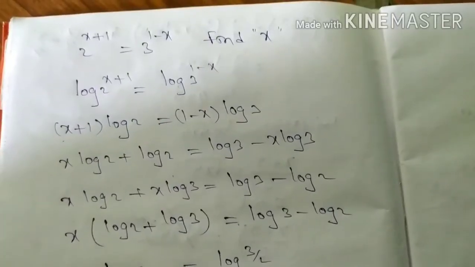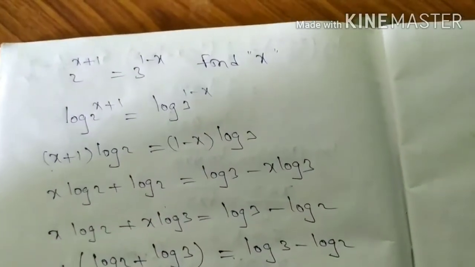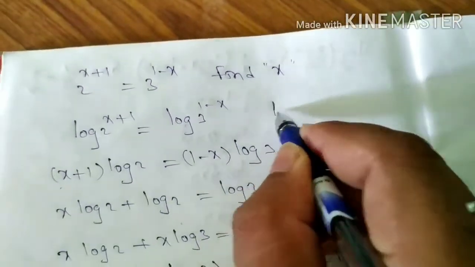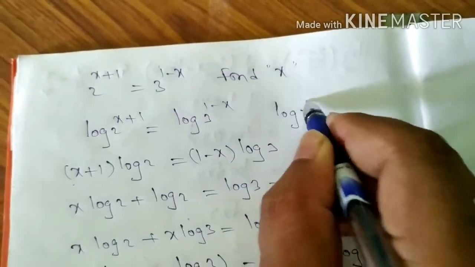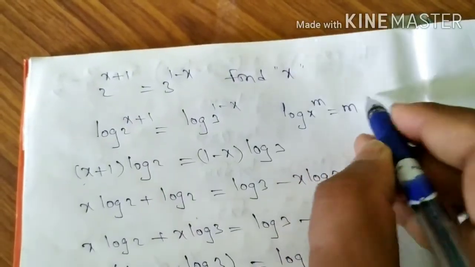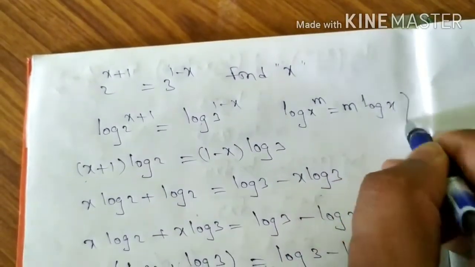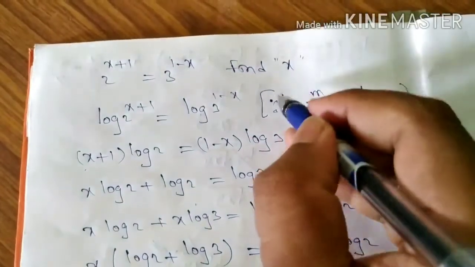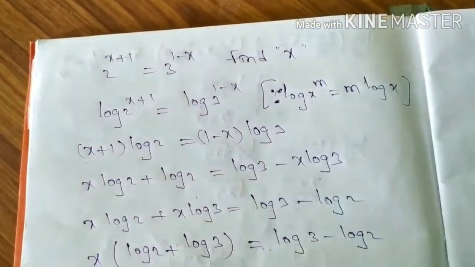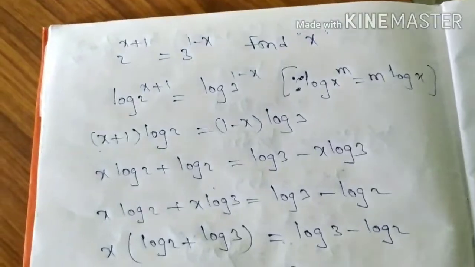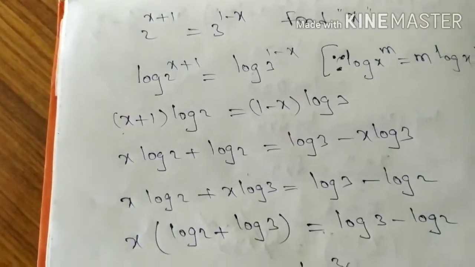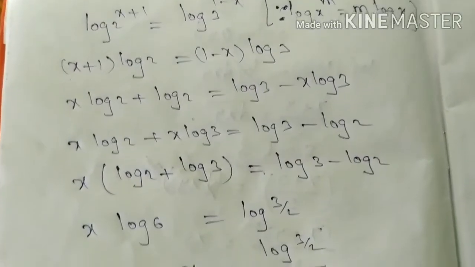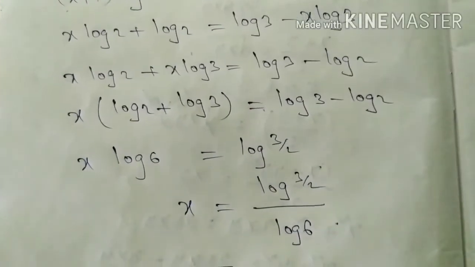So second step, we have to write the formula: log x to the power of m is m log x. Next, x plus 1 comes in front, log 2, (1 minus x) log 3. So finally, step by step we'll do, and at the end we'll get the answer.